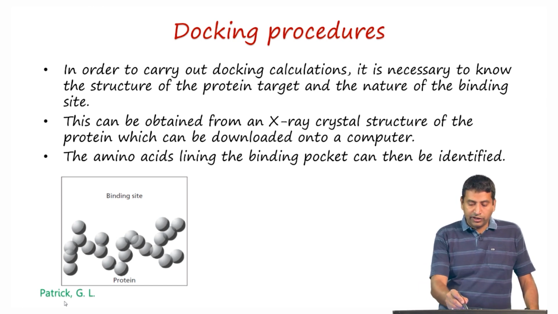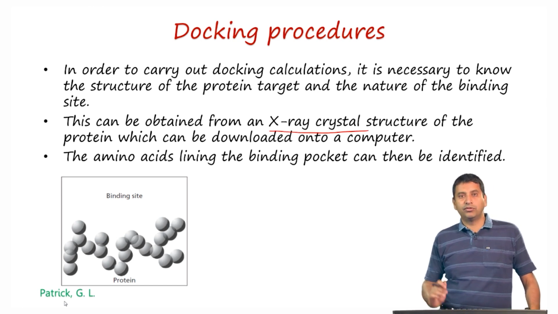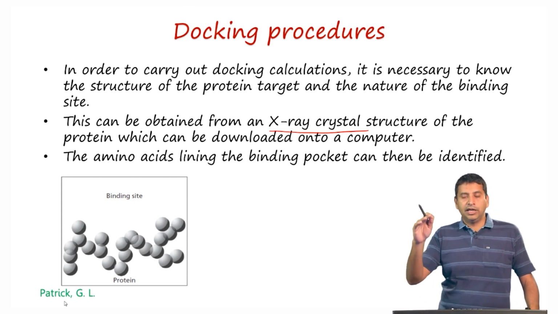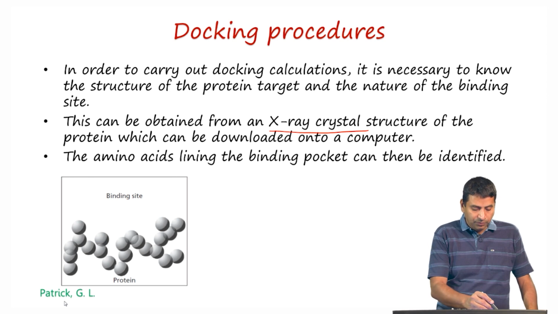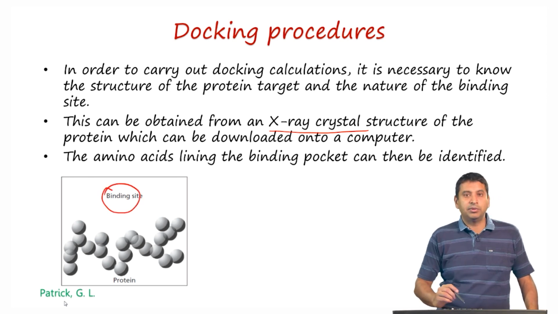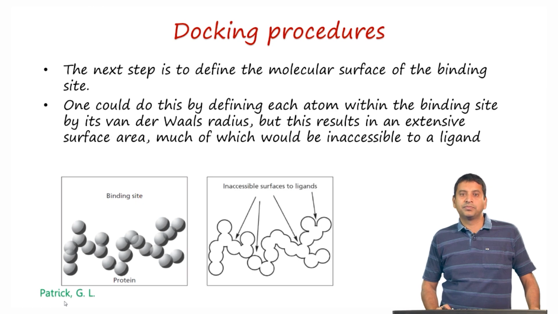So, here again X-ray crystallography becomes very useful, because since the crystal structure of the protein is known, it can be downloaded on a computer, and this can be used for identifying the various amino acids lining the binding pocket. Here, for example, is the binding site that has been identified, and here are the various amino acids in the protein.